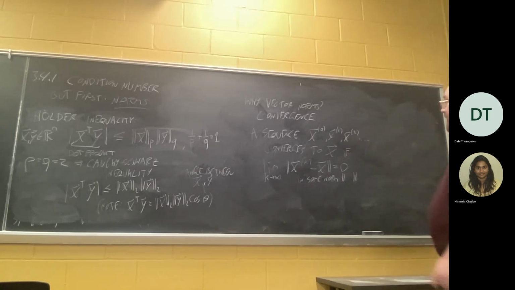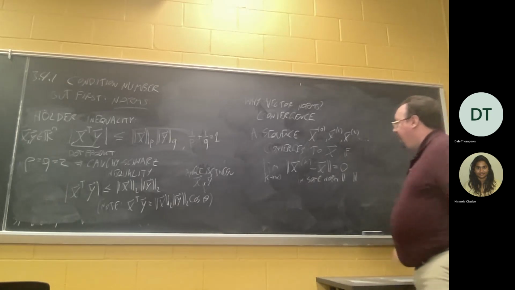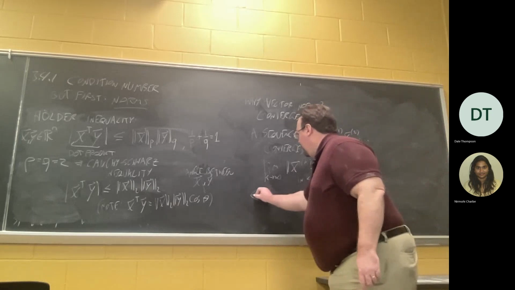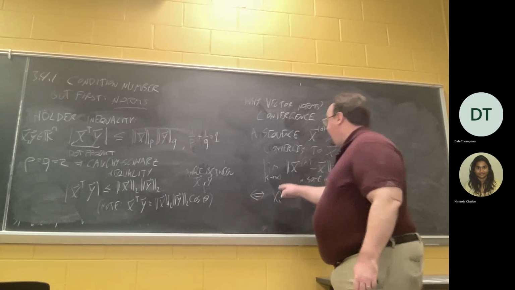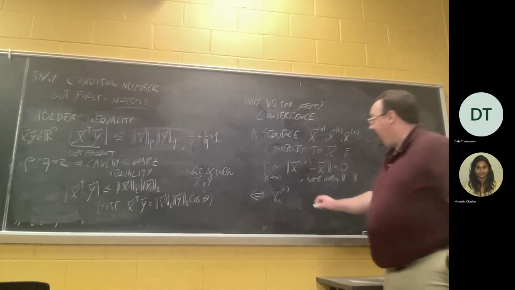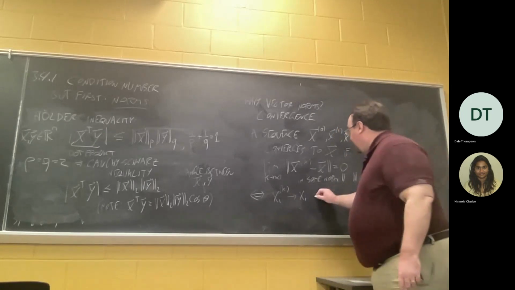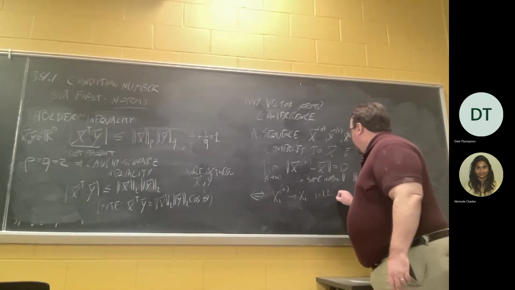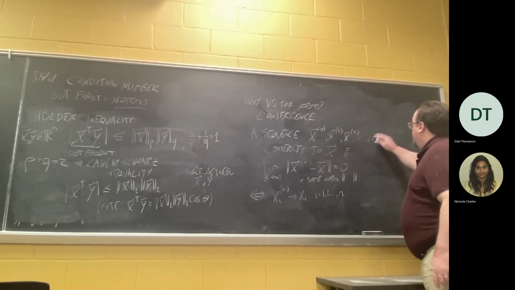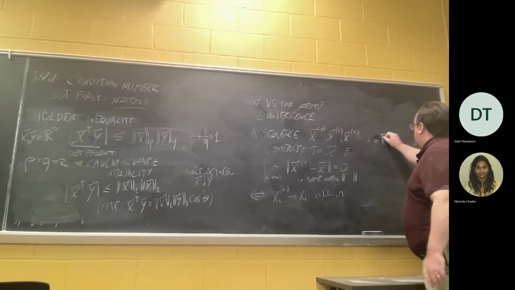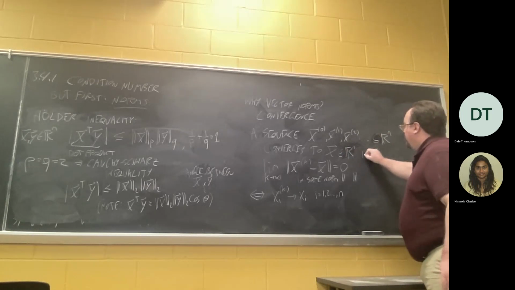Now, it turns out that this is true if and only if each individual component of x^(k) converges to a corresponding component of x, assuming that everything is in R^n as usual.